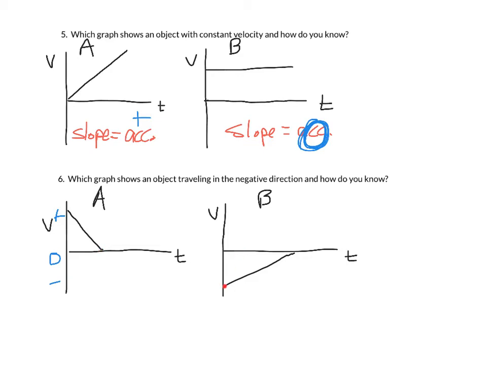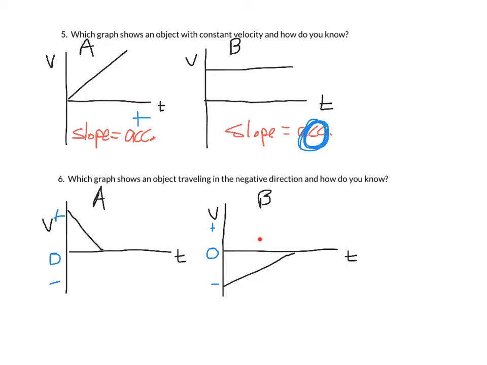This one starts with a negative velocity. Now remember, zero velocity is here, positives are up here, negatives are down here. So this object starts with a negative velocity that's pretty fast. And then the negative velocity is getting closer and closer to what? Zero velocity. So this object is also slowing down because the line is getting closer to zero. Started with velocity, has none at the end.